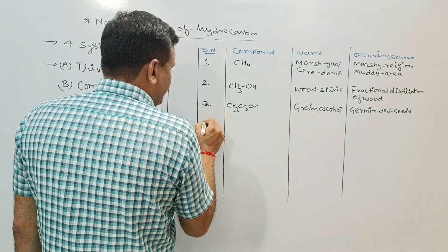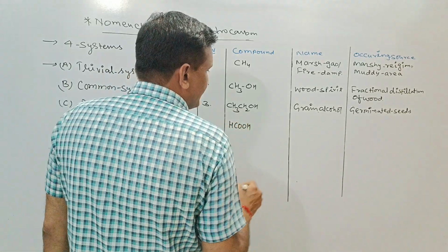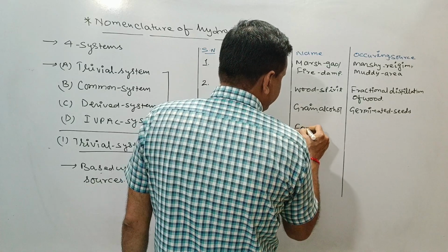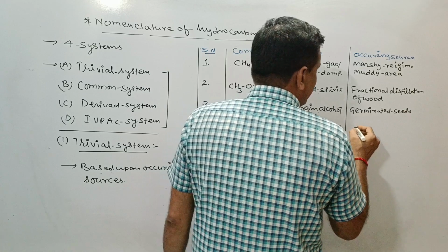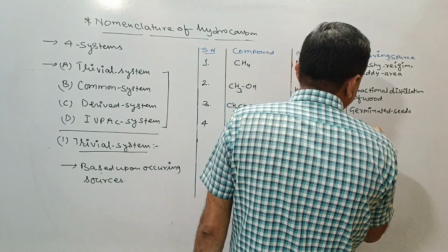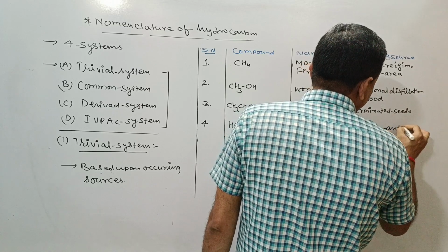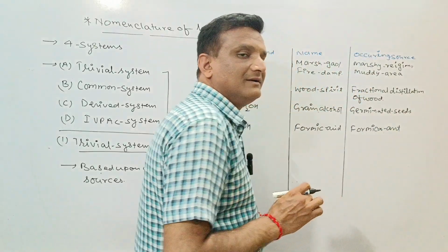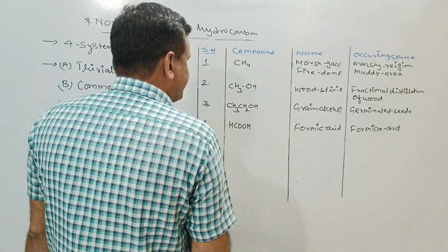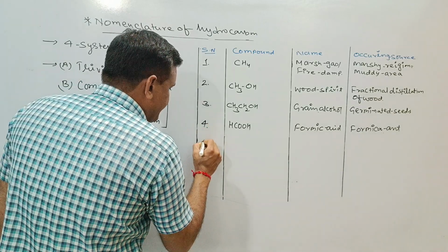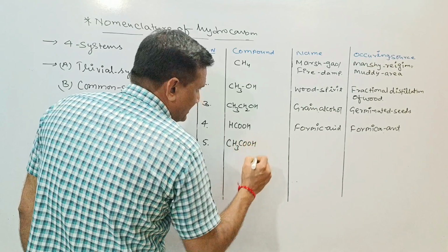Further, for the fourth compound, we can take HCOOH. This is known as formic acid, because the occurring source is the Formica ant. It was separated from the extraction of the red ants present in homes, so that's why it is called formic acid. Next, fifth is your CH3COOH.